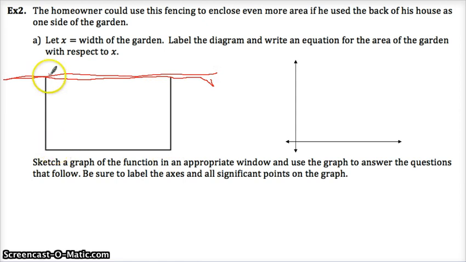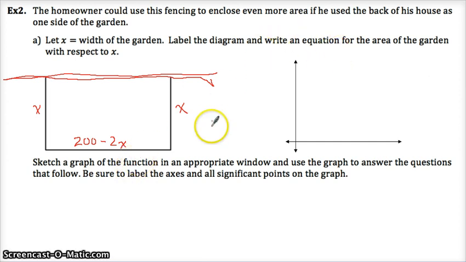We're just going to use the 200 for these three. So really it's only three sides of the rectangle involved in the 200 limitation. X is going to be the width again, so this plus this other side have to add to 200. So this has to be the rest of 200 minus the other two sides that have already been spoken for. So that's 200 minus 2x. What's the area of this now?